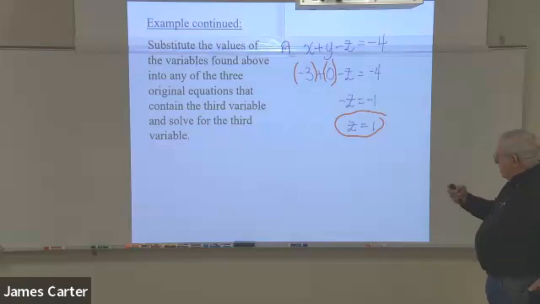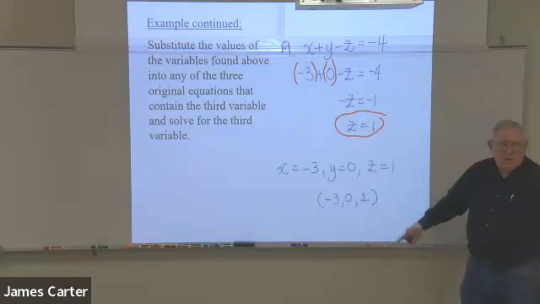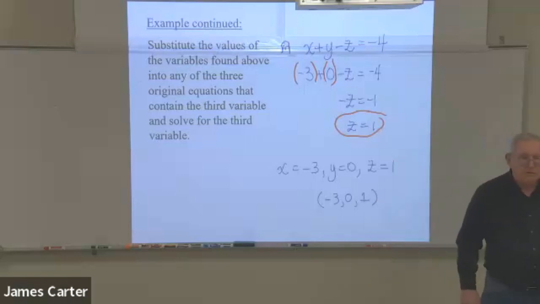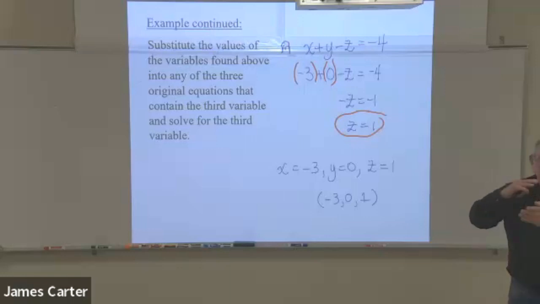Now, having gotten that value, here are my 3 values. So here is my common point of intersection. You remember those displays of angles that I had at the very first slide? This was the very first one because they have a common point of intersection.